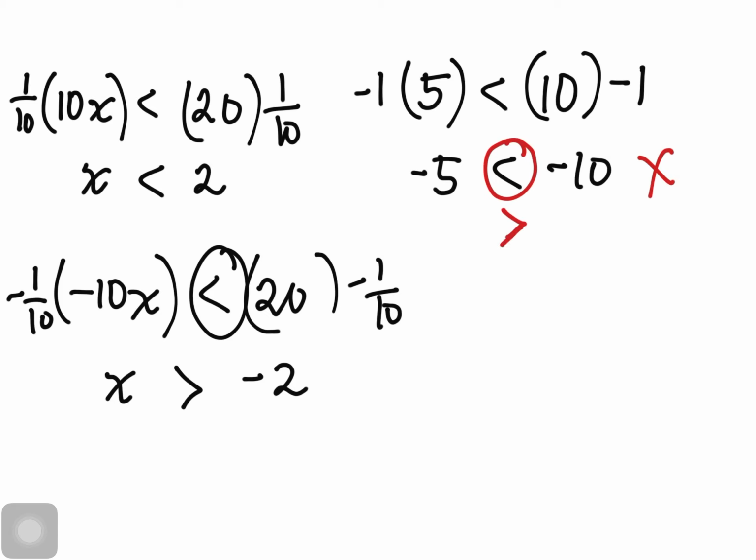So we make this one greater than, so that we'll have a true statement, which is negative 5 is greater than negative 10. So every time you multiply or divide by a negative number when solving an inequality statement, you always flip the symbol. So in this case, our final answer would be x is greater than negative 2.